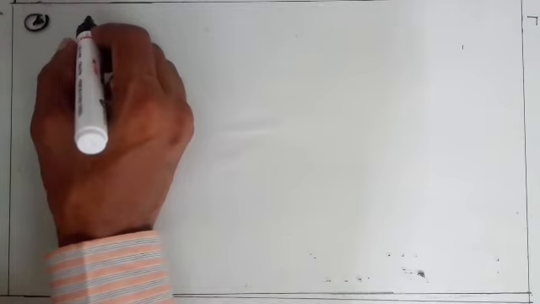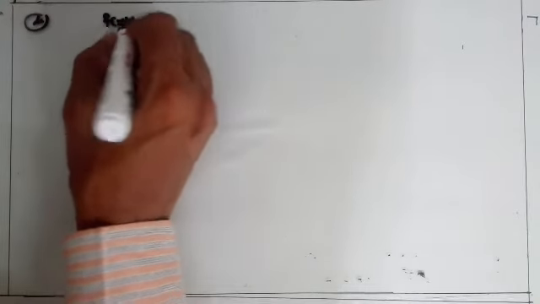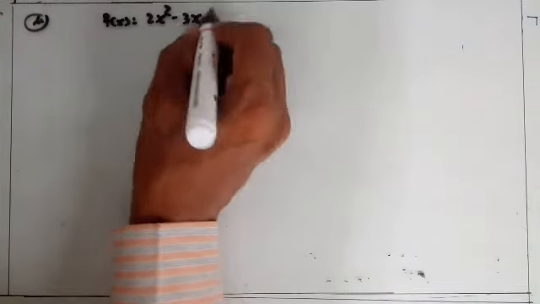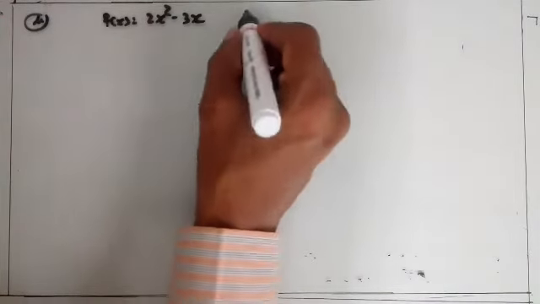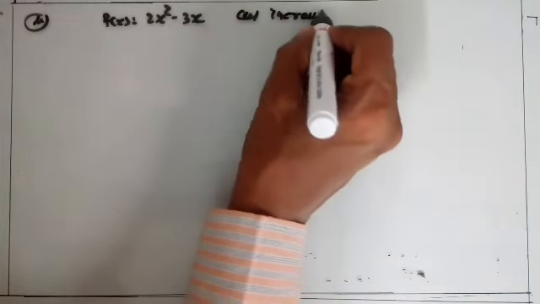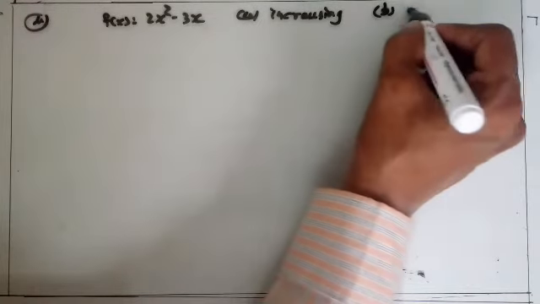Now question number 4. Find the interval in which the function f(x) = 2x² − 3x is (a) increasing and (b) decreasing.